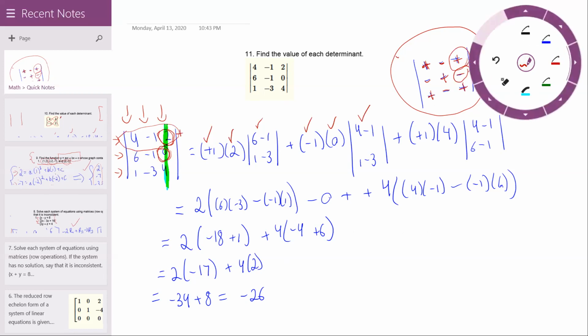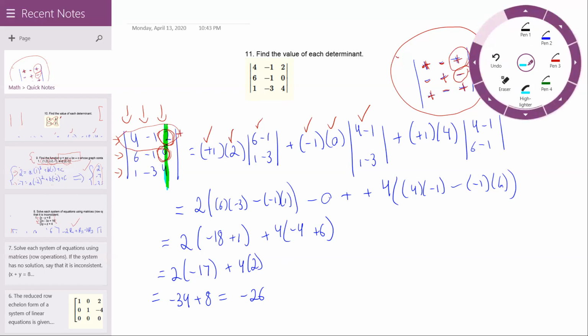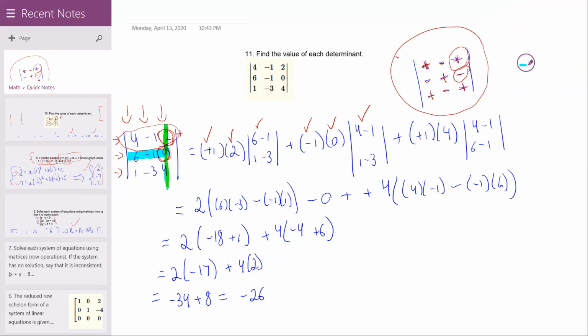So the pattern is we go to the 0 and we make a line across and down like a T, and we make a determinant from what's left over. So the 4, -1, and the 1, -3.